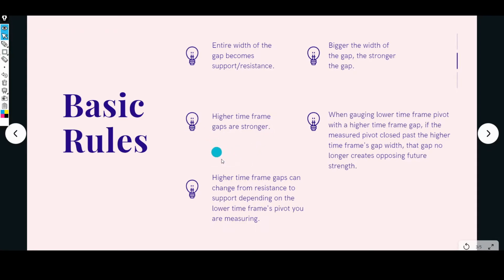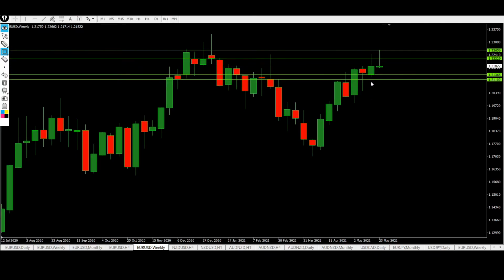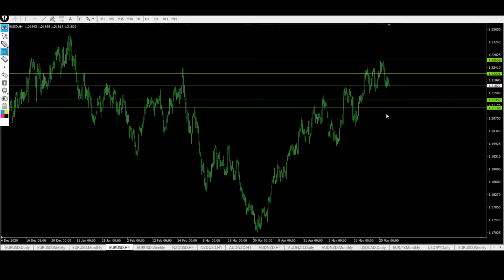Number 3. The higher time frame gaps are stronger. On this weekly chart, let's compare the width of this gap to a 4-hour chart's gap. On this 4-hour chart, this gap down here is roughly the same width as that weekly chart's gap. But it only provides a +2 future long strength.